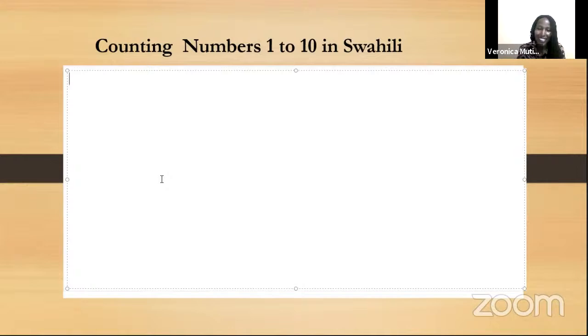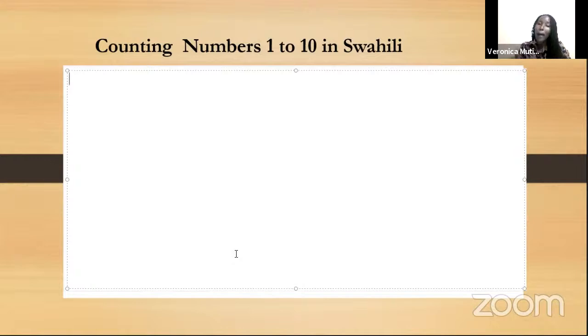Moja, mbili, tatu, nne, sita. I can't remember. Okay, so let me do this again. Moja mbili tatu. Nne tano sita. Saba nane tisa. Kumi. Oh, so it's sita. Yes.